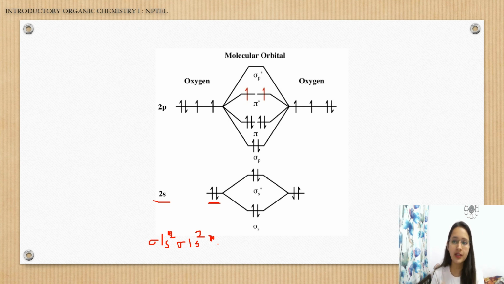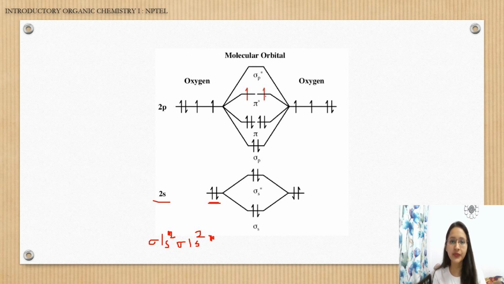Fine. So you have to first write the electronic configuration of oxygen according to sigma 1s, sigma 1s star, sigma 2s, sigma 2s star, sigma 2p. Right? So as we have 16 electrons to arrange, here we have 4, 5, 6, 7, 8, 9, 10, 11, 12, 13, 14, 15 and 16.